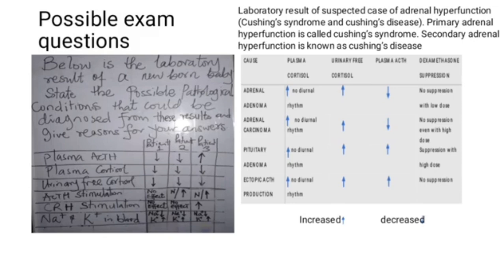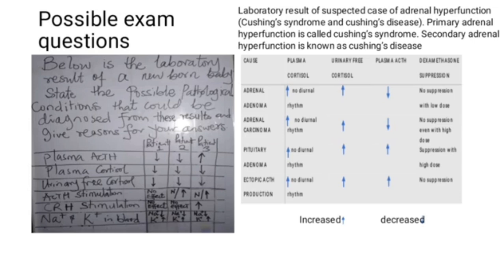So in the second case now, you have patient 2 where the plasma ACTH is low, plasma cortisol is low, urinary free cortisol is low, then ACTH stimulation is now normal. So you stimulated the ACTH and it was normal. That means the pituitary under normal circumstances is okay.